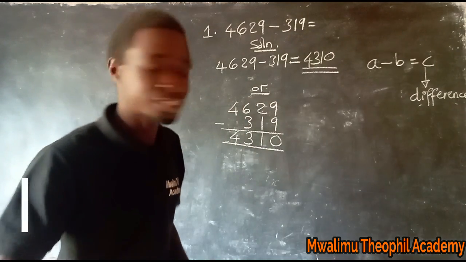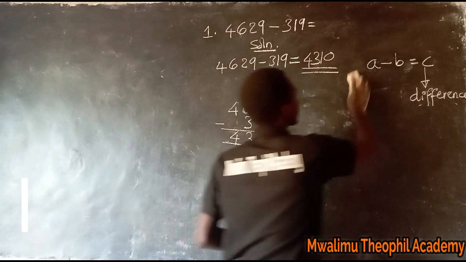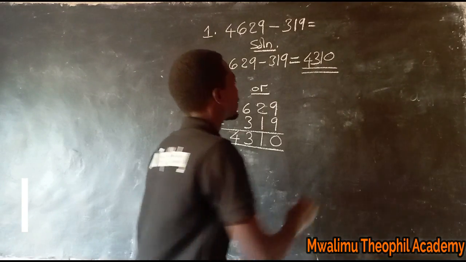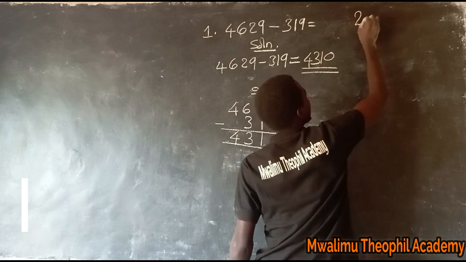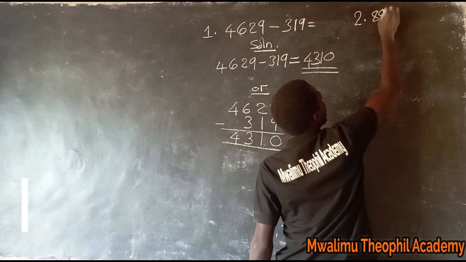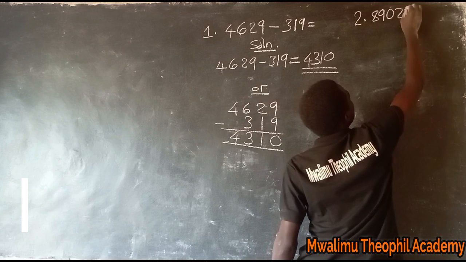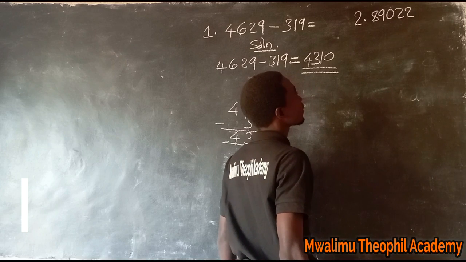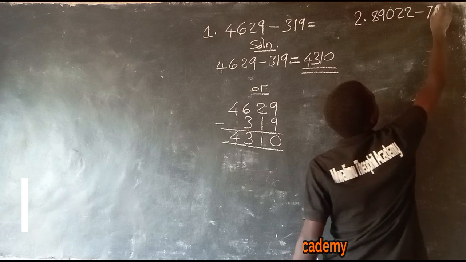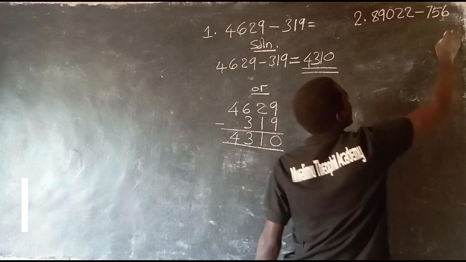Let us see the second example. In the second example, we are given to subtract 89,022 minus 7,056.